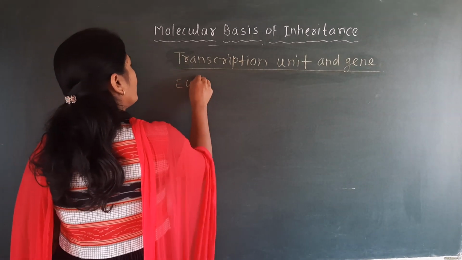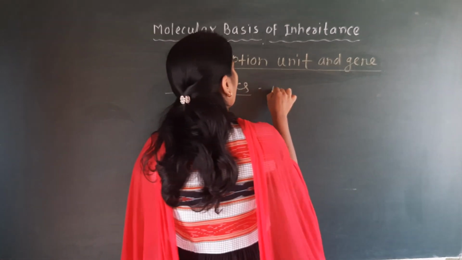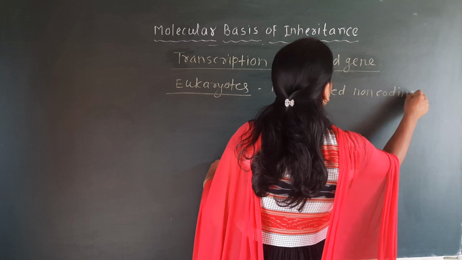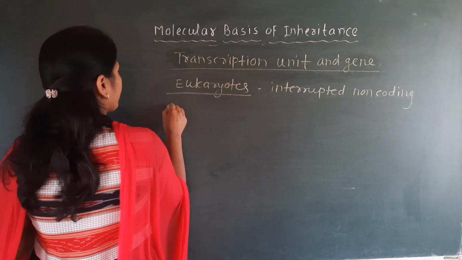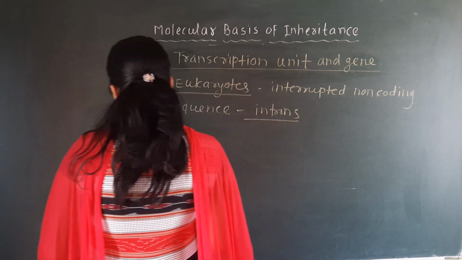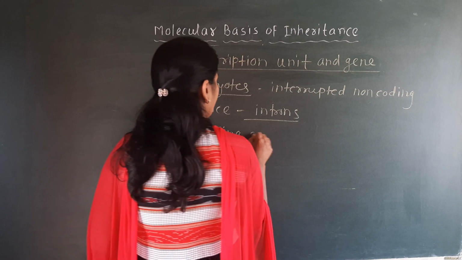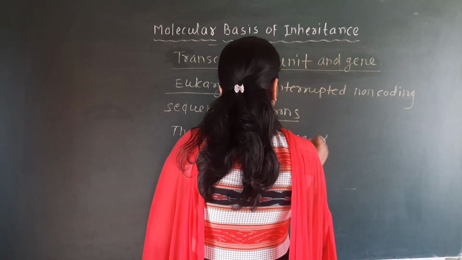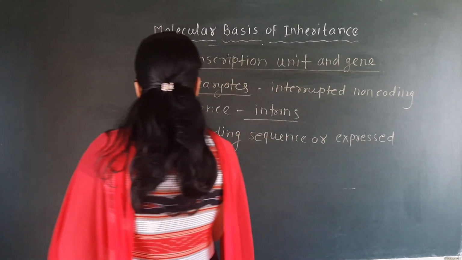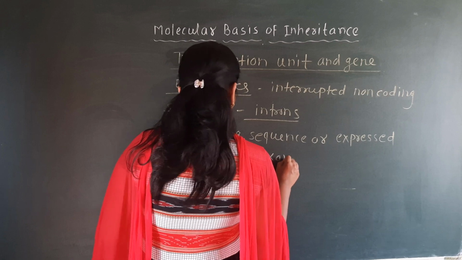That is, in eukaryotes there is an interrupted non-coding sequence present, which is called introns, and the coding sequence or expressed sequence is called exon.